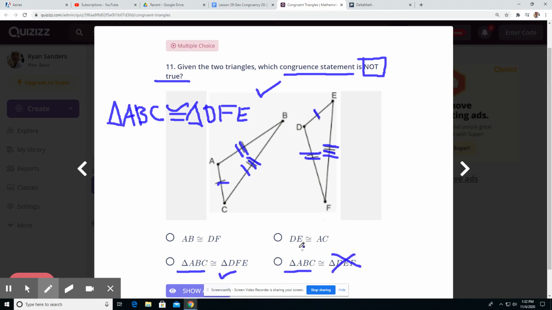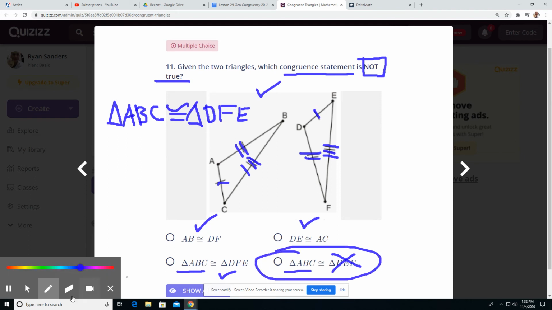Nope. And then let's just check these out. Does DE have the same ordering as AC? DE is first and last. Is AC first and last? Yes, it is. That's okay. And then AB is the first 2 letters, to DF, the first 2 letters. Yes, those are the first 2 letters of both. So the one that's not true is that one.